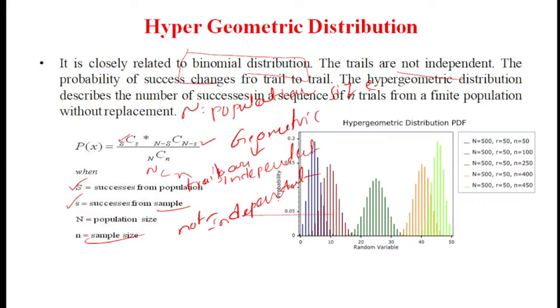One of the most common applications of the hypergeometric distribution is in industrial quality control, such as calculating probabilities for defective parts produced in a factory. This distribution helps identify defective parts produced in the factory.